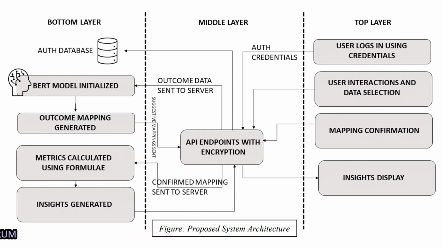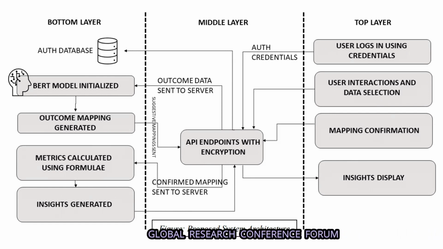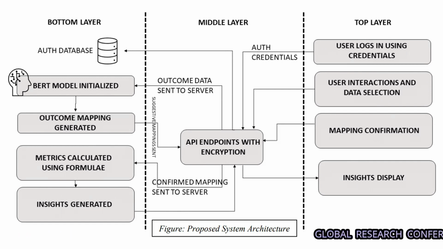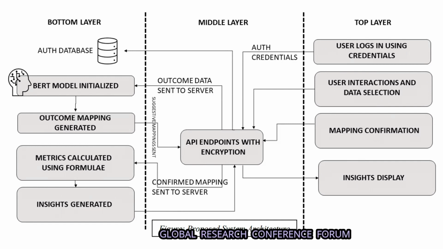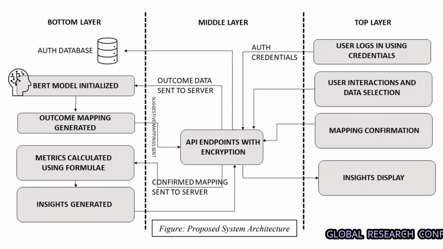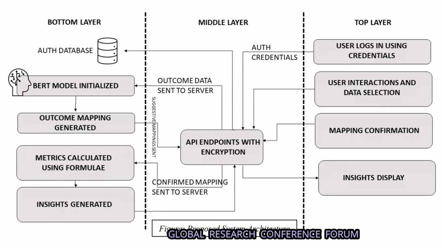Then we have the BERT model. We have all these scripts written in Python which run on AWS using AWS Lambda functions, and essentially these models run on the server side and generate outcomes. Also, we have a lot of metrics calculators, like functions with formulae set up which calculate some of the few metrics that we show.